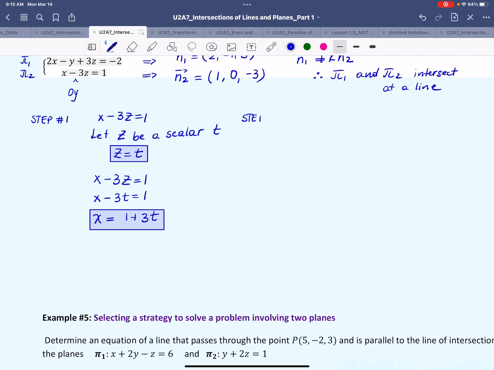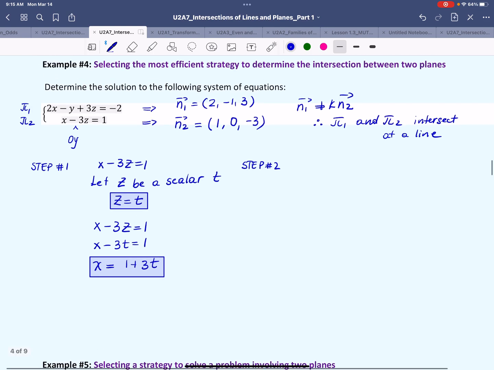In the next step, step 2, we will try to find the parametric equation for the third variable, the variable y. And the variable y appears only in the first equation, so we have no choice but use equation 1 for pi1 to determine y. So find the parametric equation for y, which is the parametric equation of the third and last variable that we're trying to find.